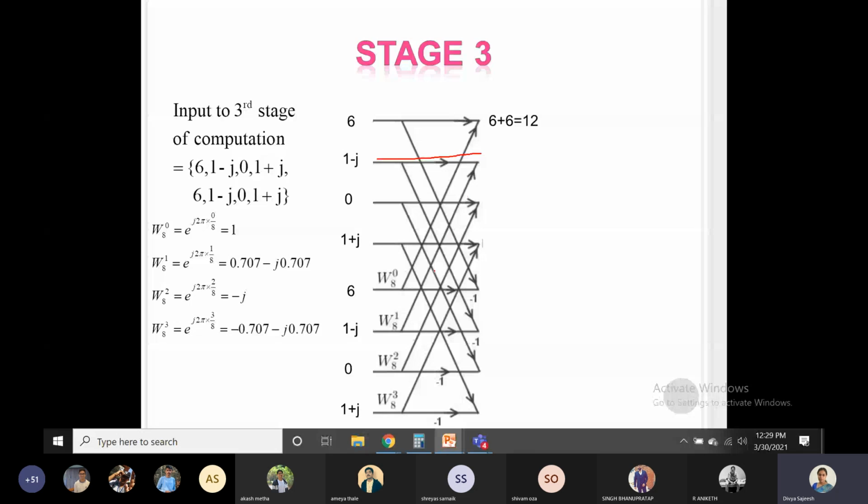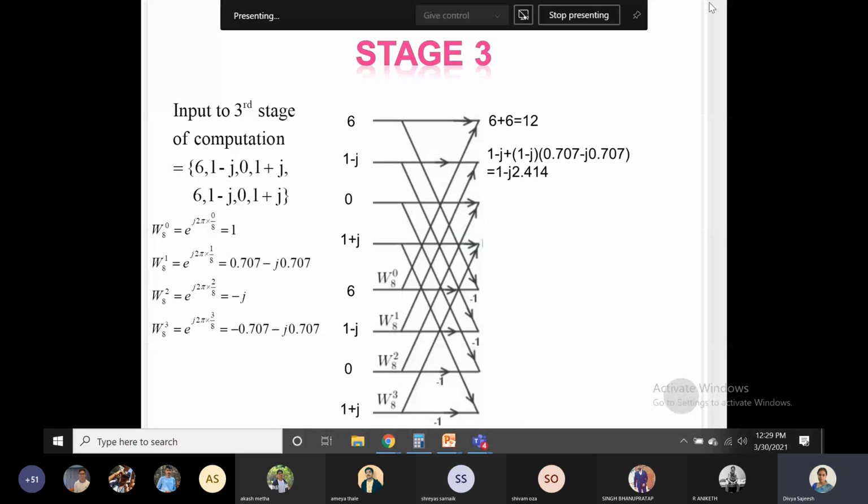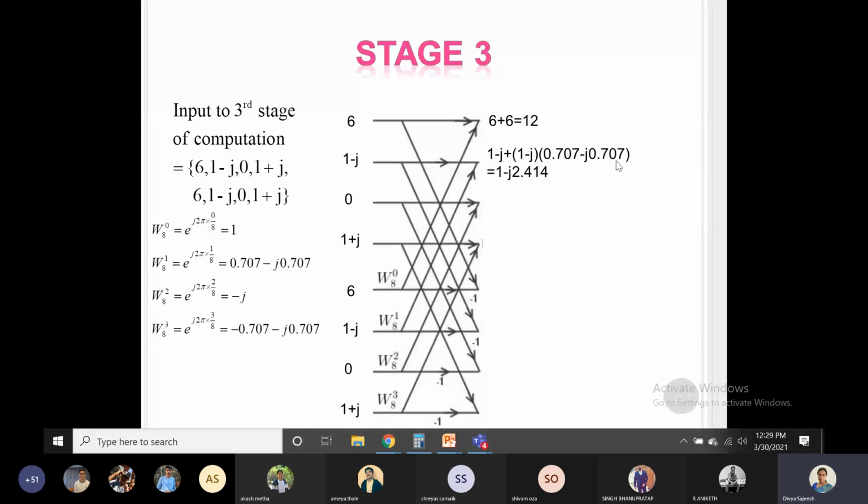Now what is the second element? It is 1 minus j plus 1 minus j into 0.707 minus j 0.707. We have to multiply 1 minus j with this, and that will be added with the 1 minus j. So it is 1 minus j 2.414.